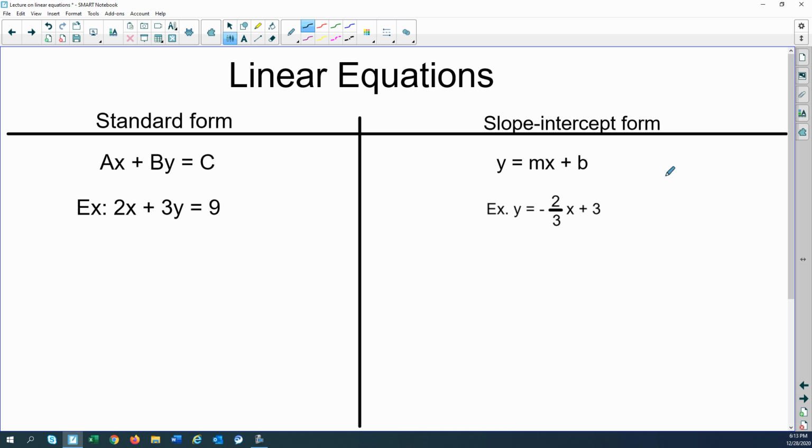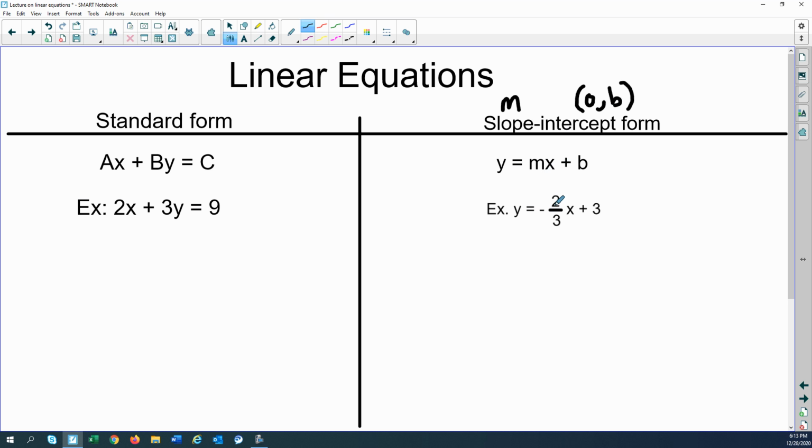Slope-intercept form, this is one you may remember a little more, y equals mx plus b. This form allows you to find the slope, which is your m variable, and the y-intercept, which is the point (0, b). So you can see where the m is located, where the b is located.